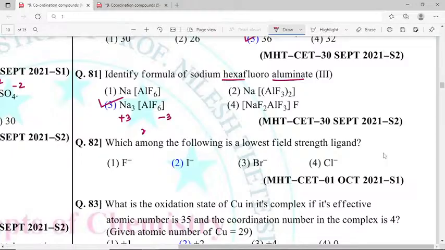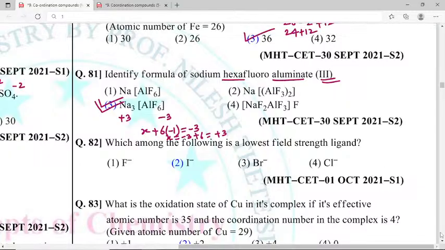So aluminium has the X value plus F6, each F has minus 1, equal to minus 3. So X is equal to minus 3 and this becomes plus 6, so plus 3. So this is your answer actually. Plus 3 is correct. Na3[AlF6].